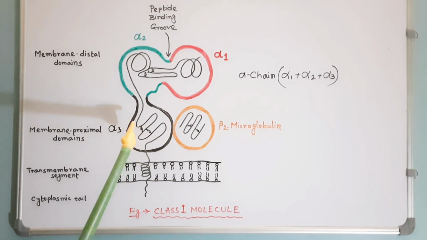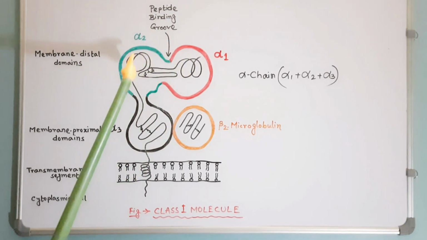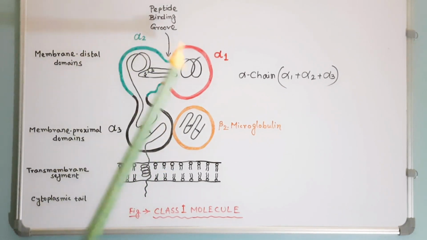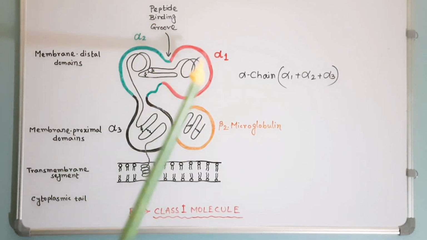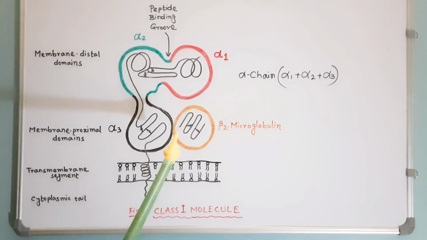All three molecules, class I alpha chain, beta 2 microglobulin and a peptide, are essential to the proper folding and expression of the MHC peptide complex on the cell surface.